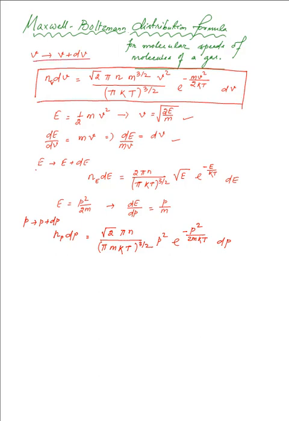Then we converted it to the energy range E to E plus dE, which yielded this form. And finally we ended it with the momentum range falling between P and P plus dP.